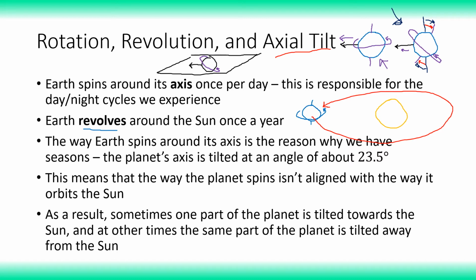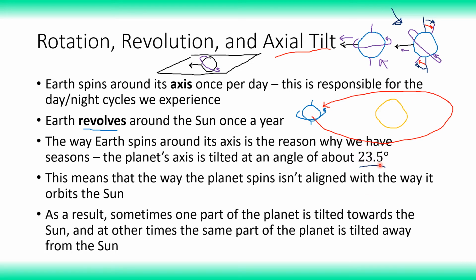And that angle of tilting is this right here, 23.5 degrees. So the angle from straight up and down to the direction the axis is actually pointed in is 23.5 degrees.